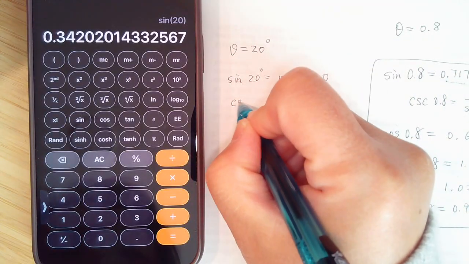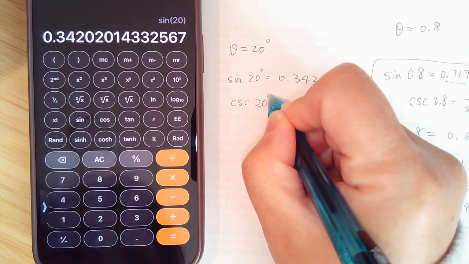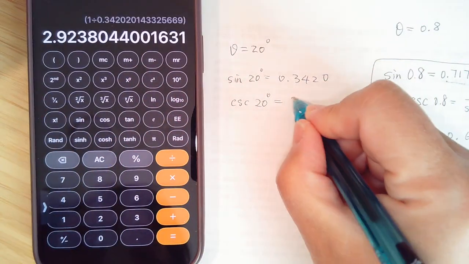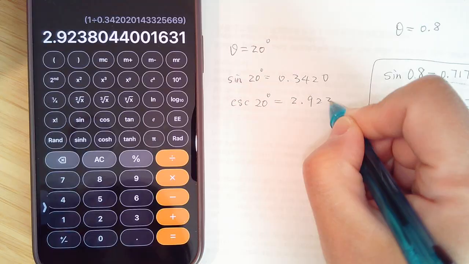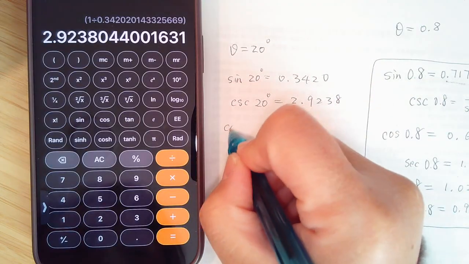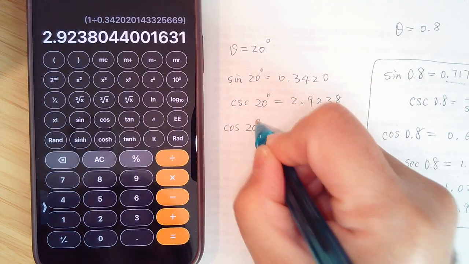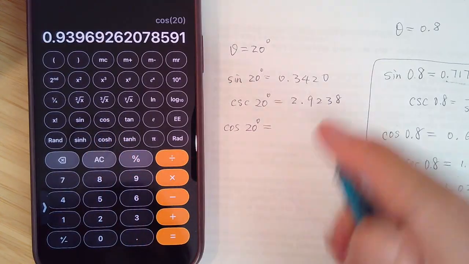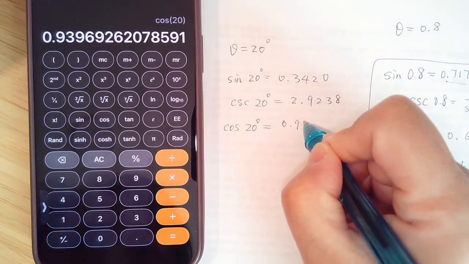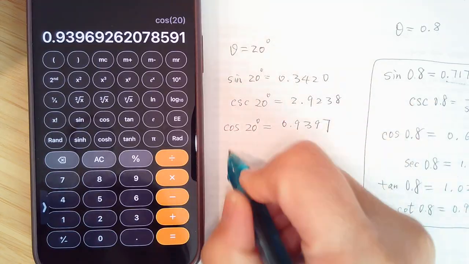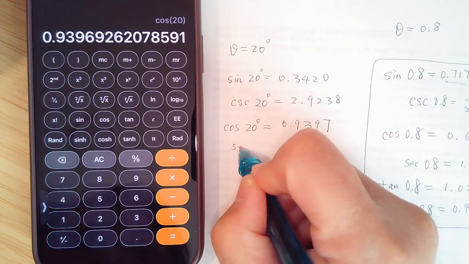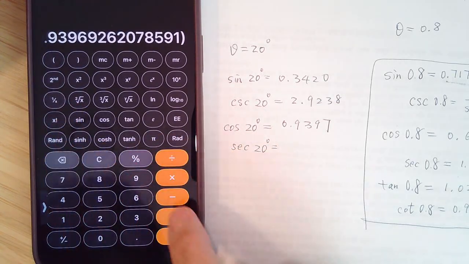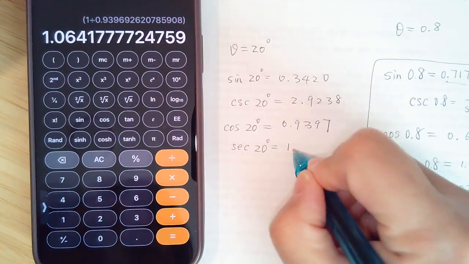You take the reciprocal, you get the cosecant of 20 degrees, equals 2.9238. And cosine 20 degrees, so 20 cosine, is 0.9397, and then you take the reciprocal of that, you get the secant of 20 degrees, which is 1 over this guy.